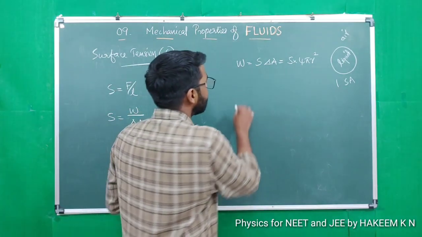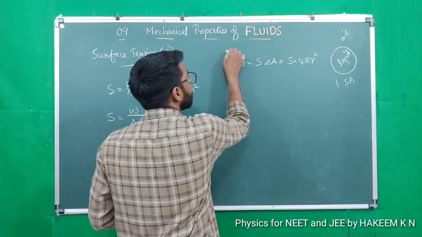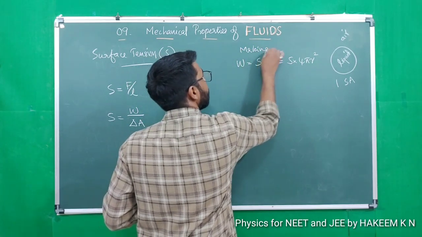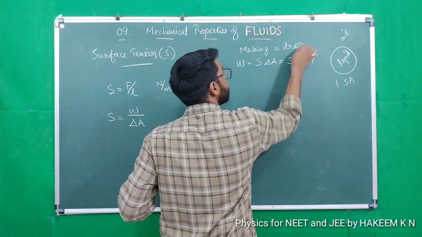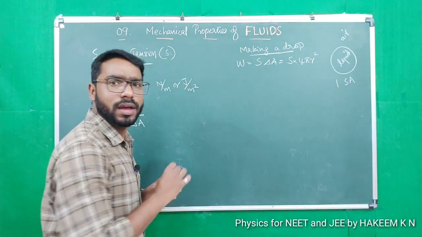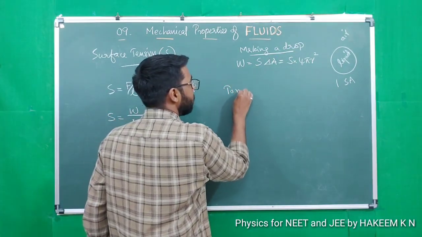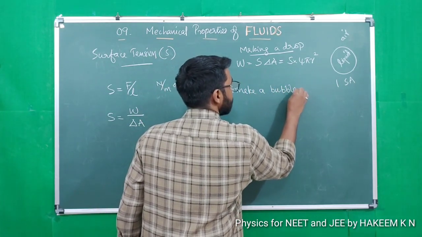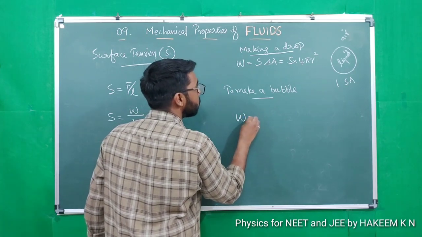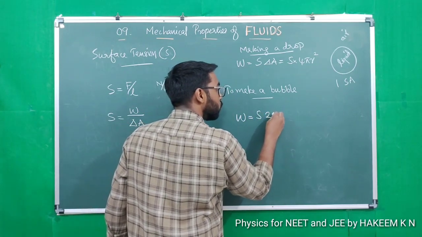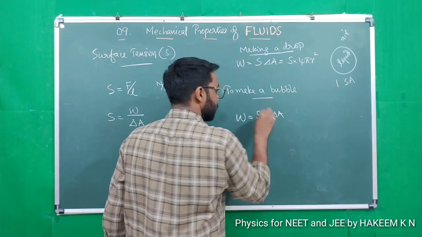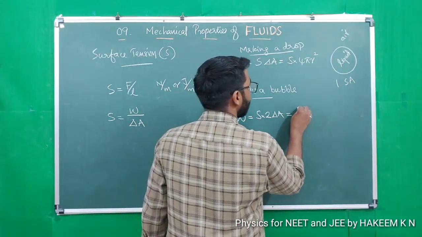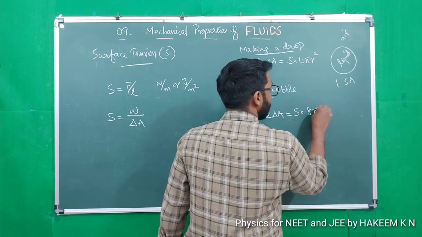This is the equation of energy to make a drop. And to make a bubble, work done should be S into 2 into change in area, surface tension into twice the change in area, or we have to write S into 8 pi r square.